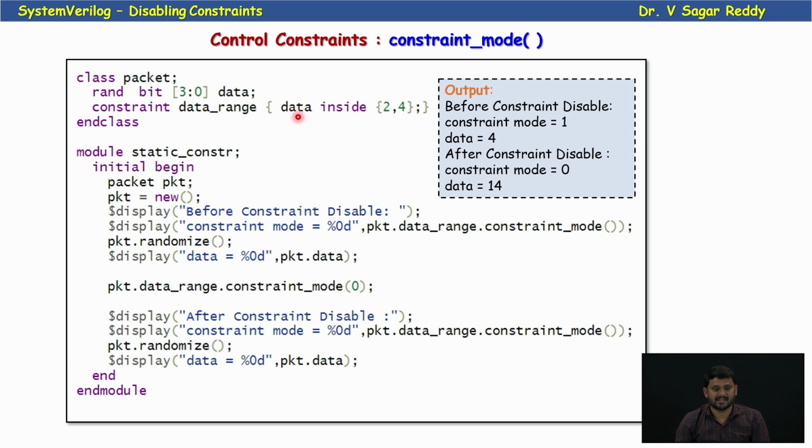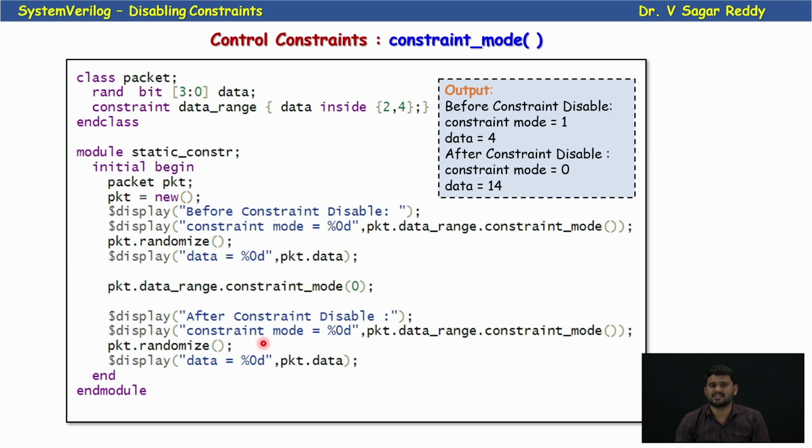Here the constraint says data should be either 2 or 4. Before disabling, I randomize and print the value: data equal to 4. Next, after disabling the constraint, the constraint mode, pkt dot data range dot constraint mode, returns 0 because I disabled the data range constraint. Now if I try to randomize, what value do we get?